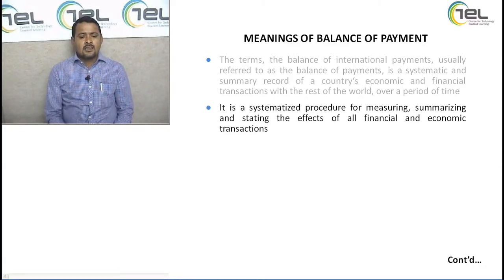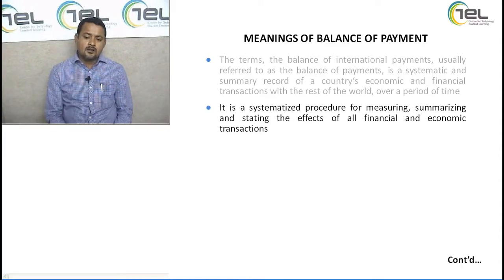In the early 1990s in India, when Mr. Chandrasekhar was the Prime Minister, India had an abysmal record of balance of payment. India almost went bankrupt.